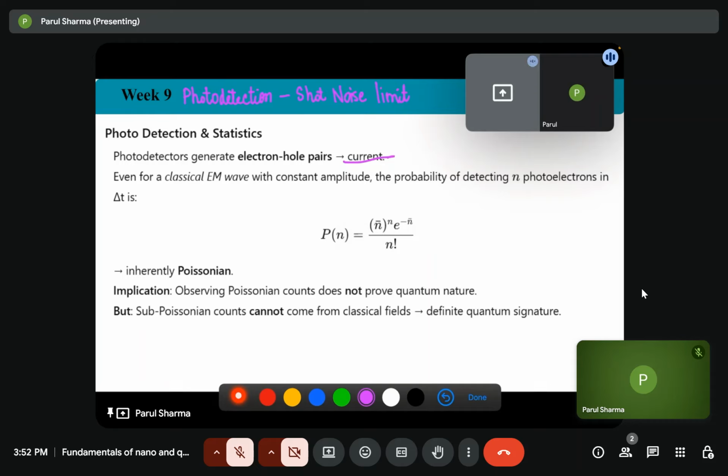So the probability of generating a photoelectron in response to an incident field is itself Poissonian.